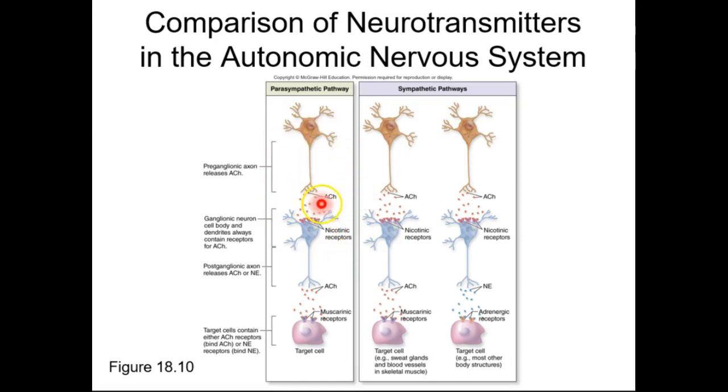Preganglionic neurons release acetylcholine onto nicotinic receptors on the dendrites of postganglionic neurons. That postganglionic neuron also releases acetylcholine, but the target cell has a receptor called a muscarinic receptor. Has anybody ever heard of muscarine before? If you did a Google image search for muscarine, one of the things that would pop up is a mushroom.